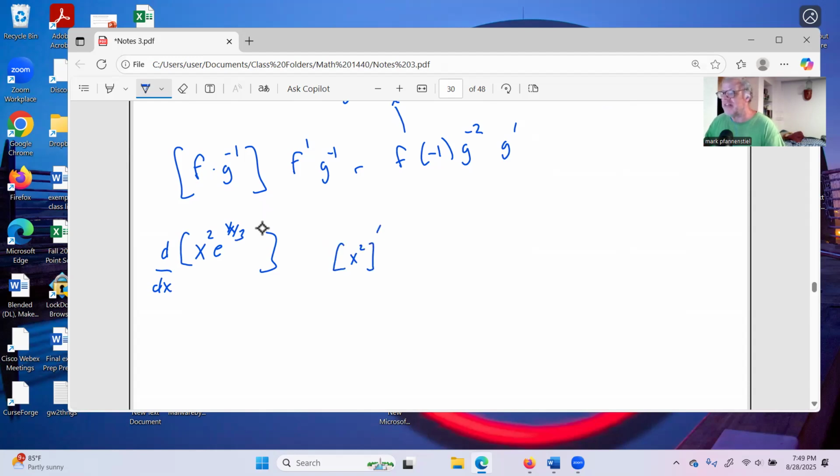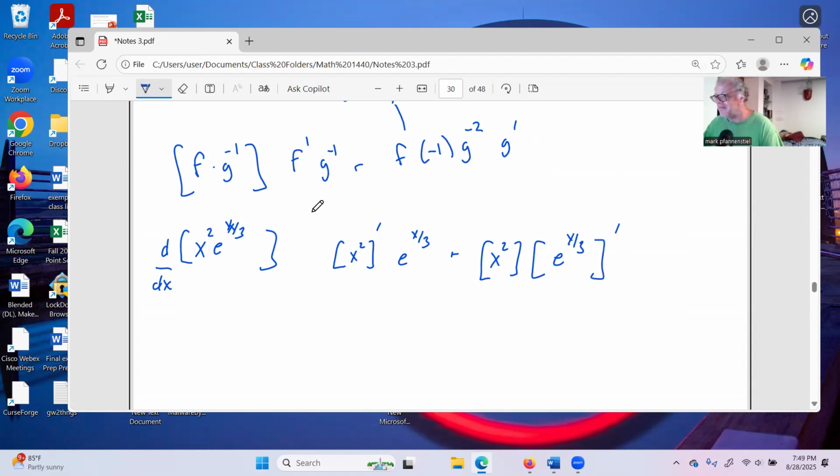I'm just going to leave it in the box, in my brackets, little boxes, saying I haven't taken the derivative yet. So we want the derivative of the first times the second, e to the x over 3, plus the first, x squared, times the derivative of e to the x over 3. And I haven't taken that derivative yet, okay?